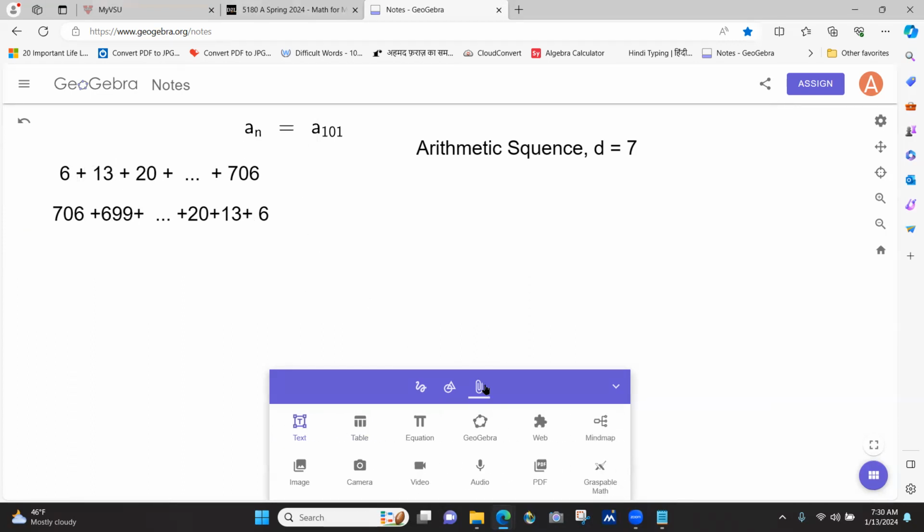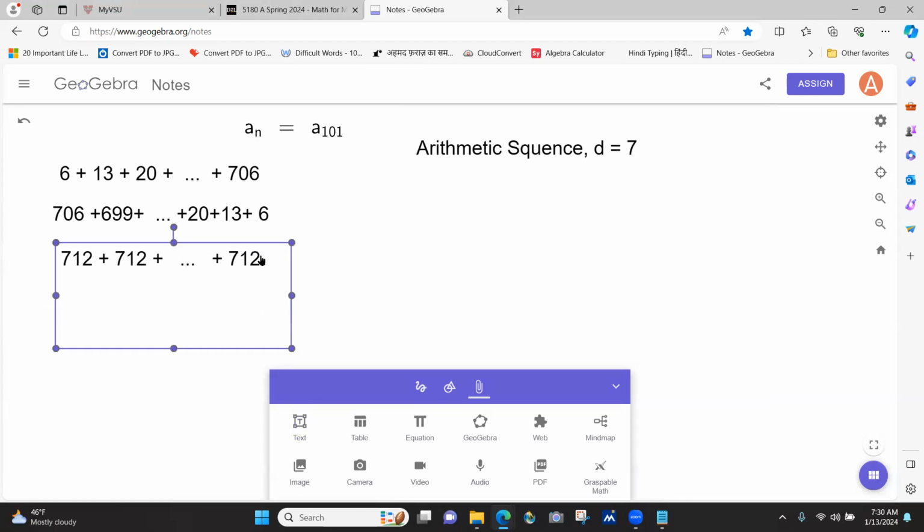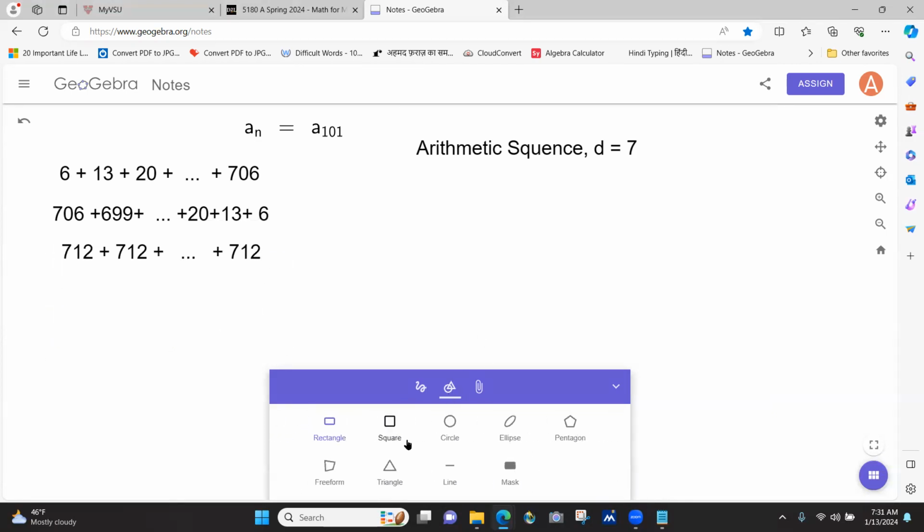So I'm going to write a bunch of 712. Now, the question is, how many times do I have 712s here on line 3?